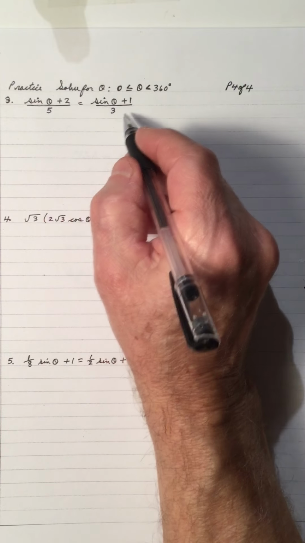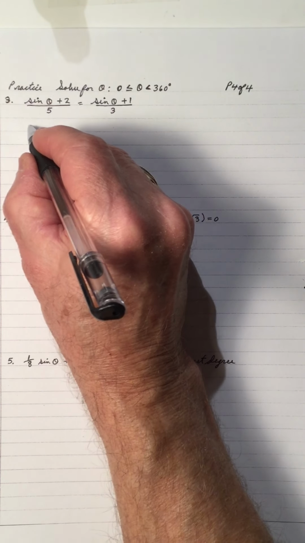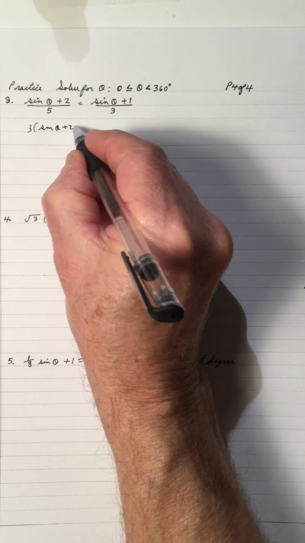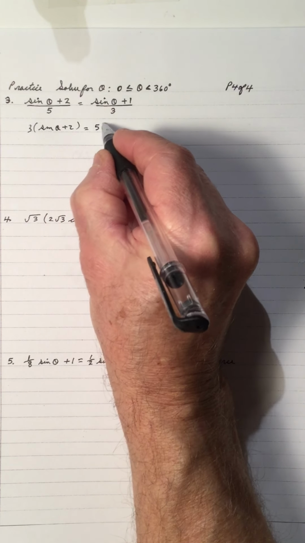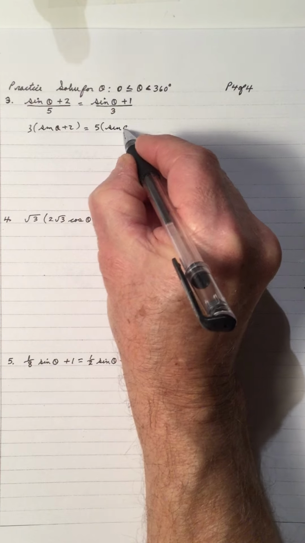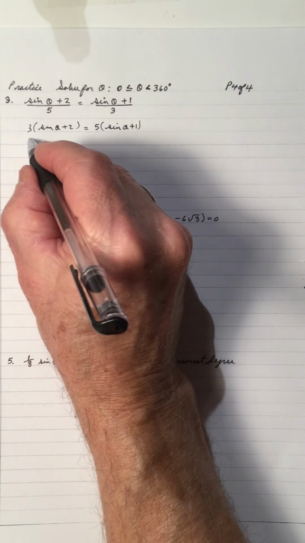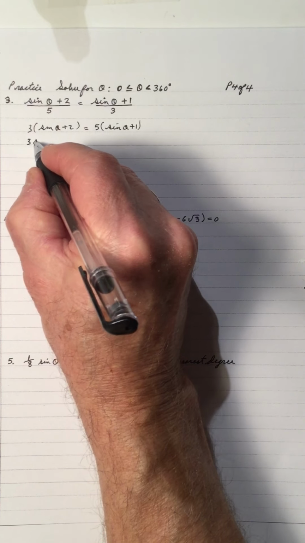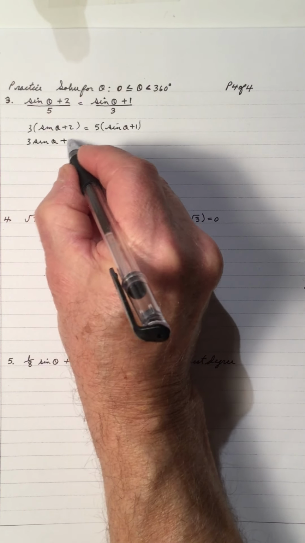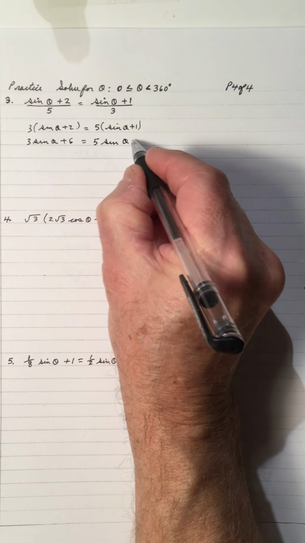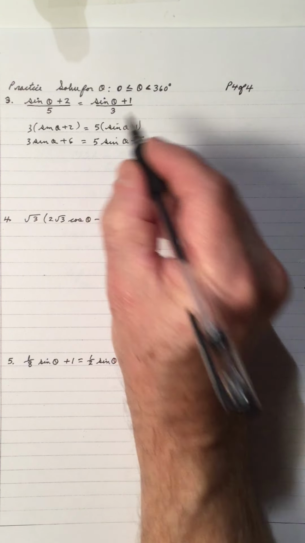So we have two fractions equal, so we cross multiply. So 3 times sine theta plus 2 equals 5 times sine theta plus 1. So we multiply by 3, we get 3 sine theta plus 6 equals 5 sine theta plus 5.